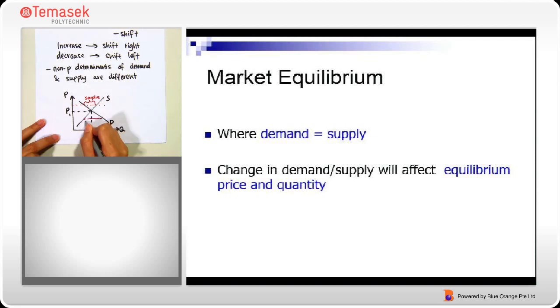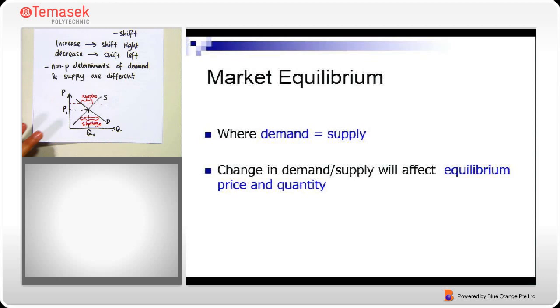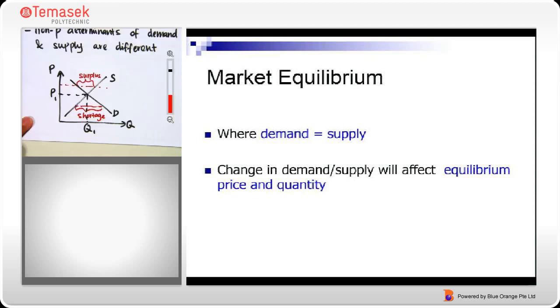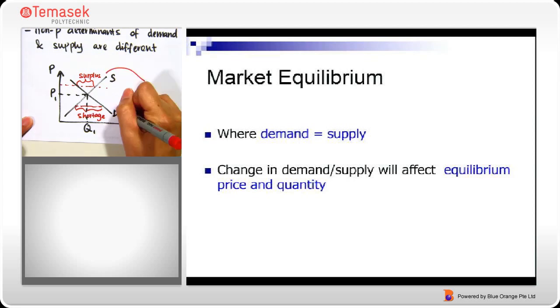Price that is below will result in shortage. So surplus and shortages, they are known as disequilibrium positions.